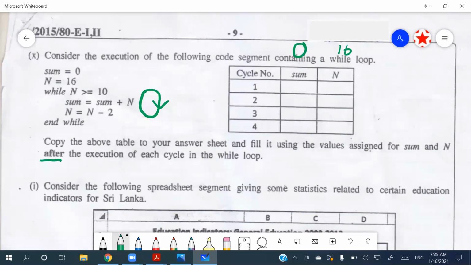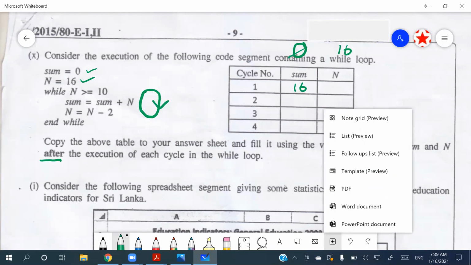So these two are done in that manner. So then it says while n is larger than or equal to 10, yeah, n is larger than 10, which is 16, sum equals sum plus n. So that means 0 plus 16 is going to be the sum. So instead of 0, you are going to have 16 now.